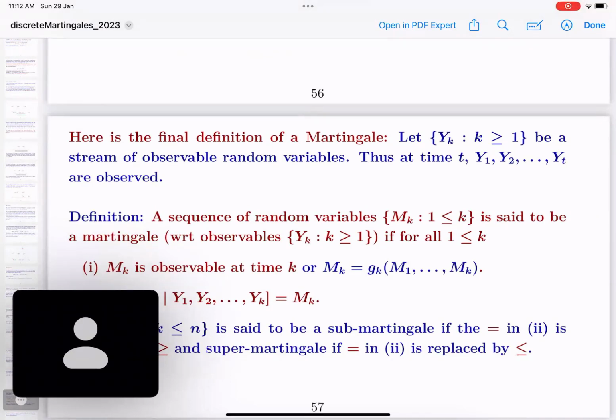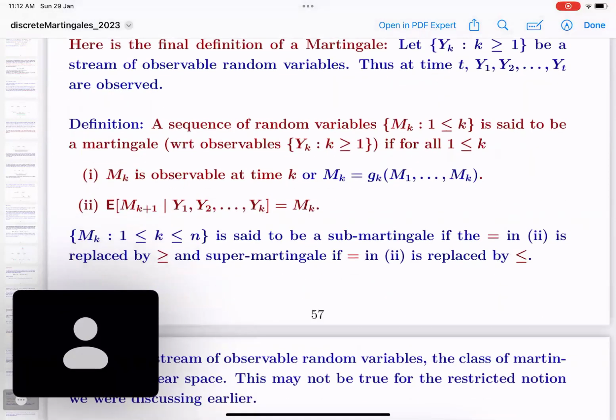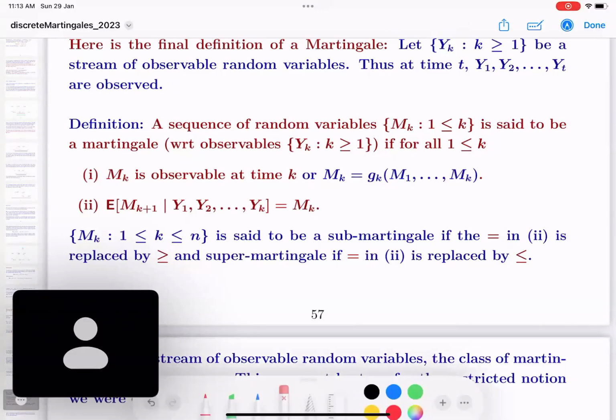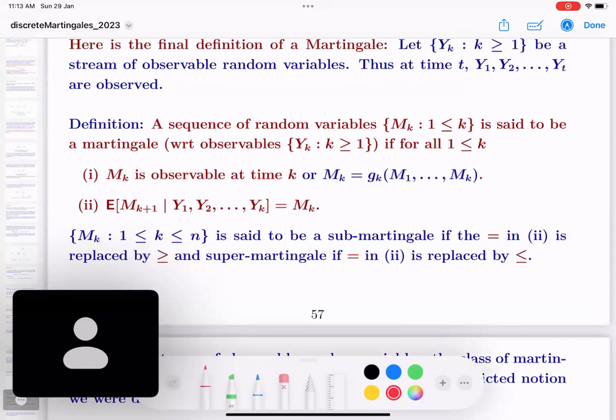For each k, y1, y2, yk are observed, and the sequence of random variables Mk is said to be a martingale with respect to observables yk if Mk is observable at time k, that is, Mk is a function of y1, y2, yk, and the conditional expectation of Mk plus 1 given y1, y2, yk is Mk.